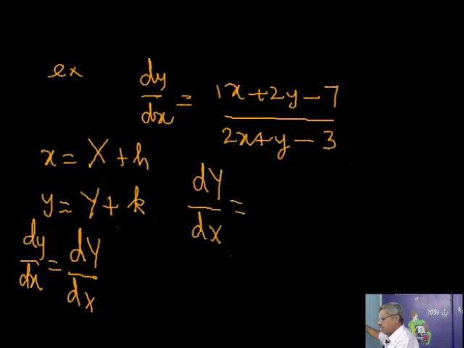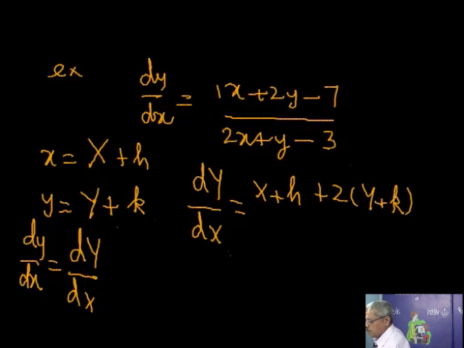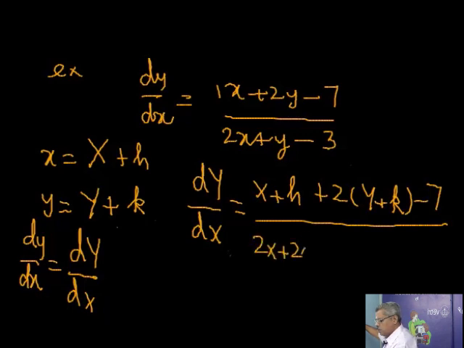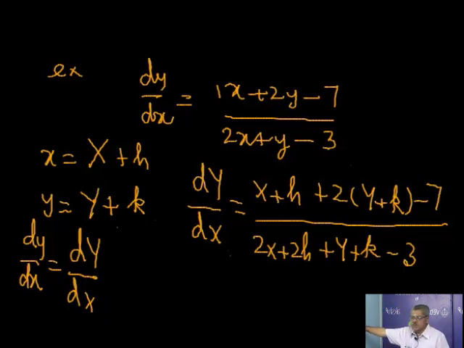I am substituting for everything. x is X plus h. 2y is 2 times (Y plus k) minus 7. 2x is 2X plus 2h, plus y, which is Y plus k, minus 3. Yes. Now we are choosing h and k in such a way.